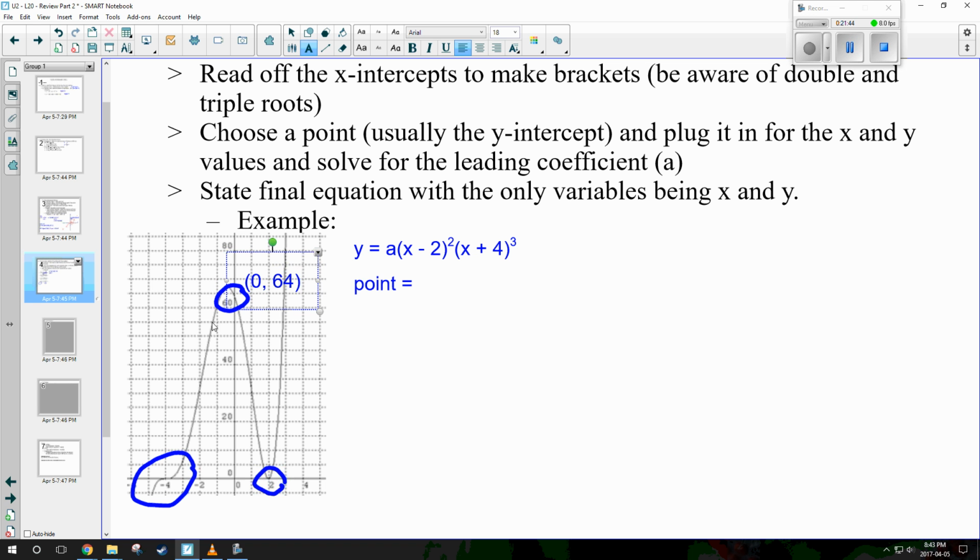So now that we know that that's our nice point of (0, 64), we want to plug that into our equation for x and y. So in our equation for y, we plug in the 64, and for x, we plug in the 0.